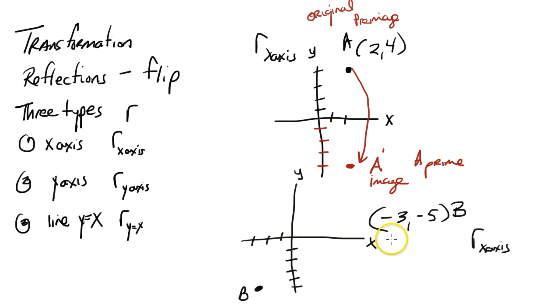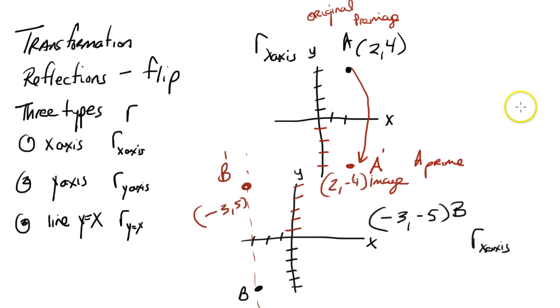When it says x-axis, we're going to jump over the x-axis. It stays on this line, but instead of being down 5, it's going to be up 5. That's called B prime. If they say state the coordinates, this would be -3, +5. A prime would be +2, -4.